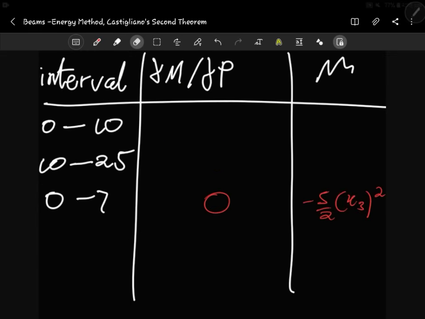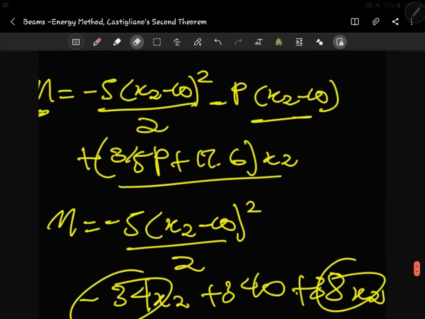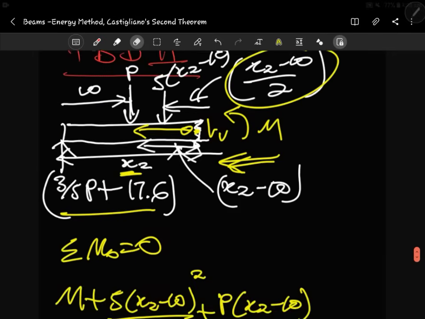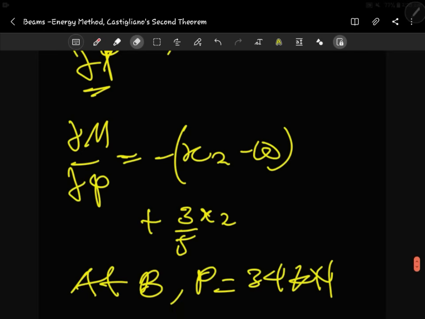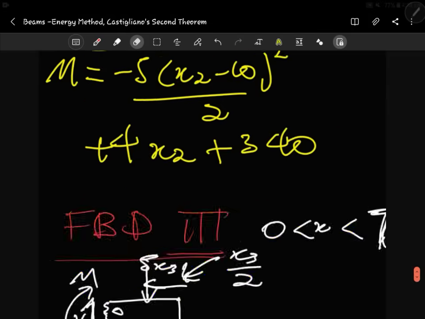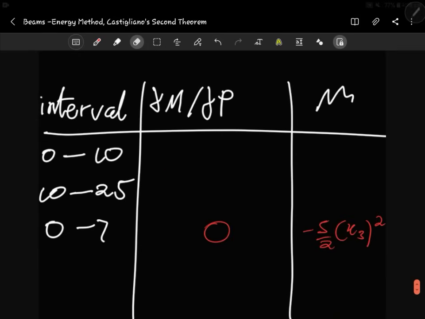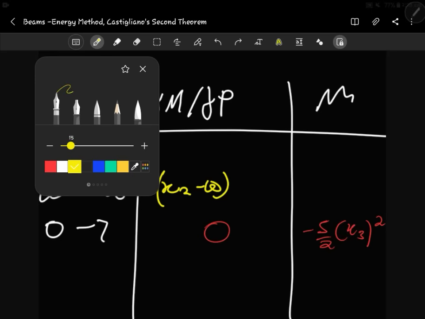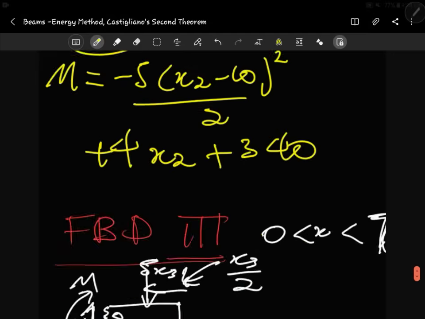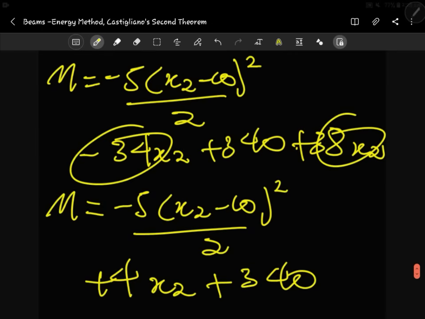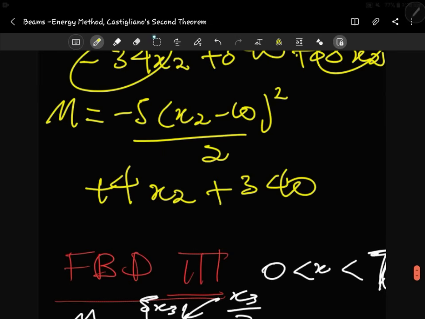Okay, so this is for the second one, right? Free body diagram 2. But it's very important that you're able to know this is for that, because it makes your work easier. So this is what we have, and then plus theorem 5 x2, and then the m for free body diagram 2, we have it to be this or this.